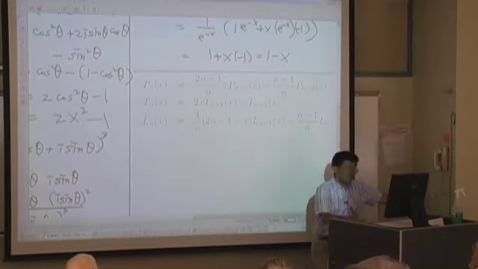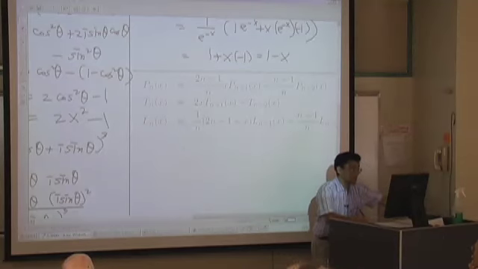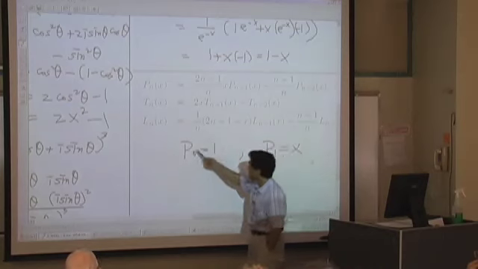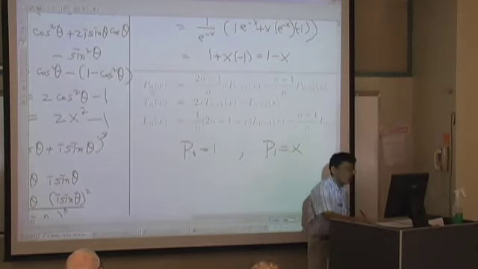So let's do it. First of all, we should know what P0 and P1 are. So P0 is, did we calculate P0? And what is P1? X, right? We now have a starting point. So you should at least use the formula to calculate the starting thing. Then what is P2?